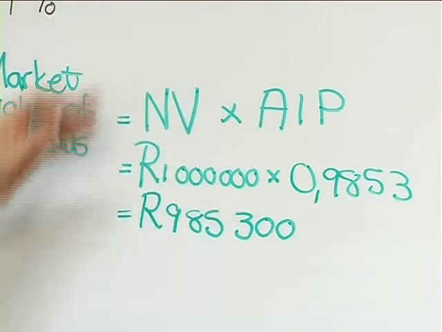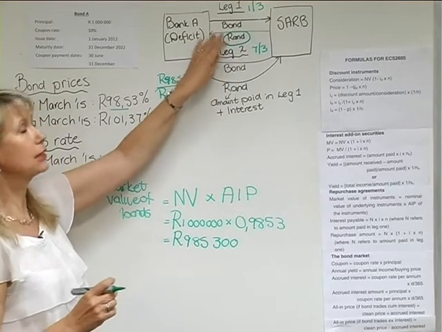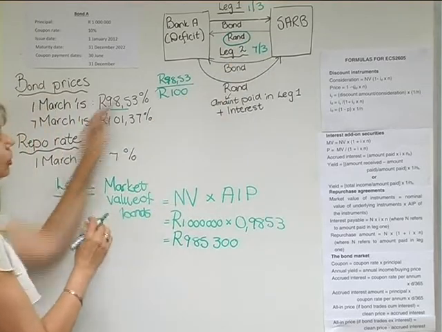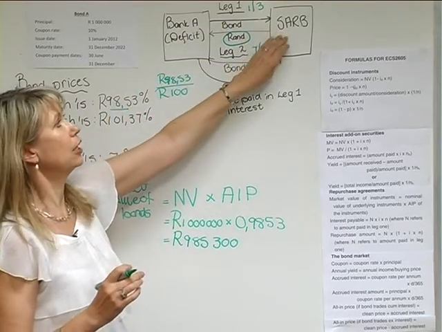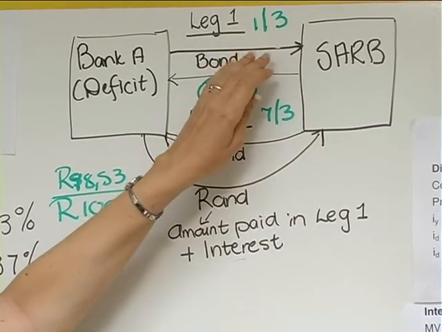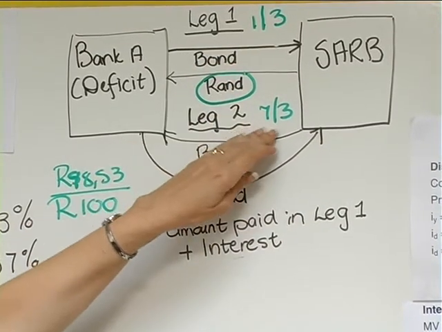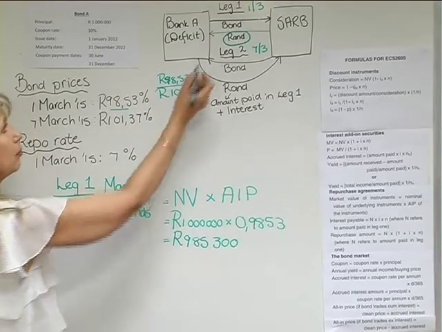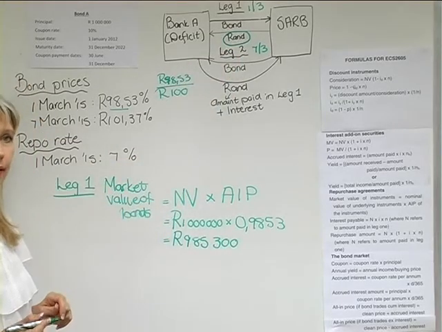So that is the amount that Bank A is going to receive from the Reserve Bank in return for this bond that is going to go to the Reserve Bank for a period of 7 days until the 7th of March. Right, so that is the amount that's paid in leg 1.